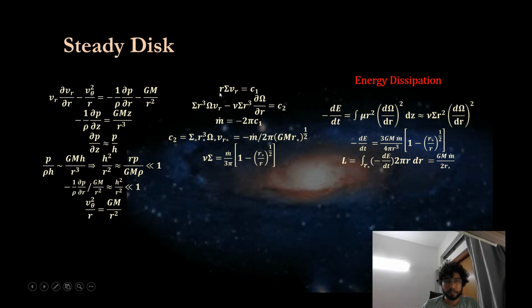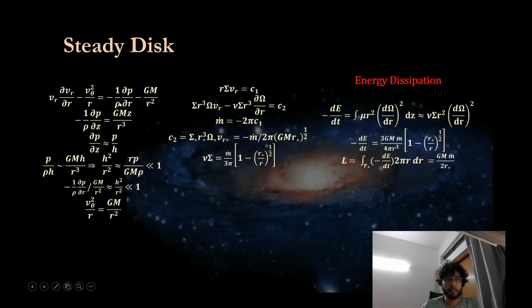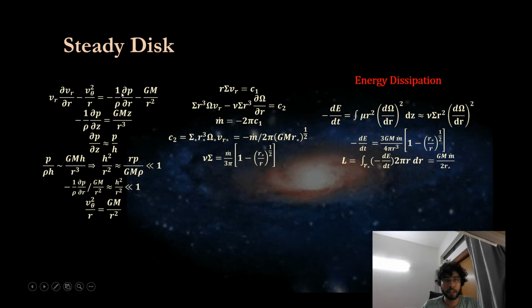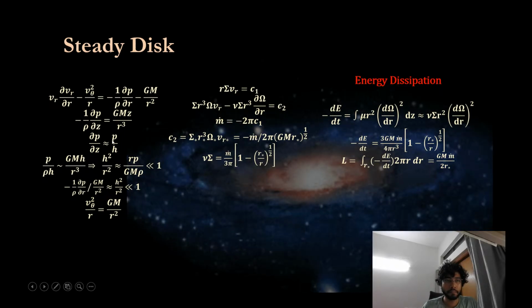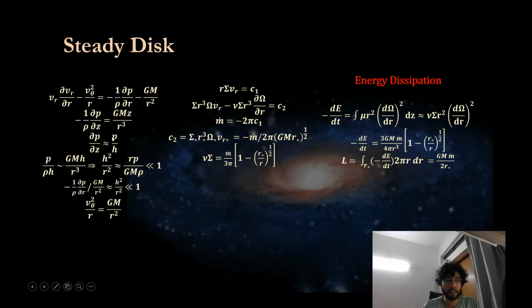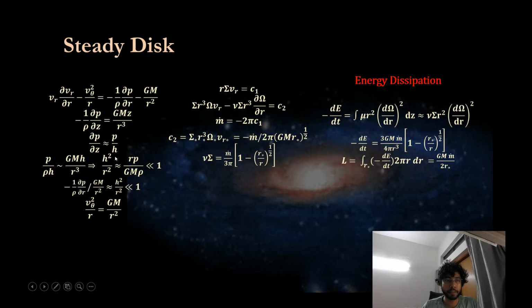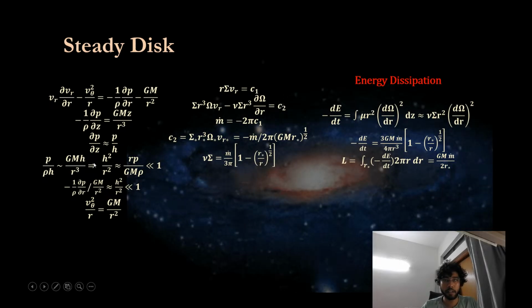To conclude, these two equations don't give anything new, but it's interesting to look at the consequence of thin disk approximations, and how these equations confirm something that we already knew.